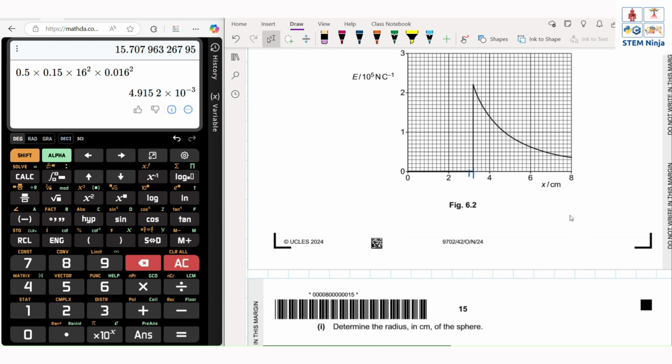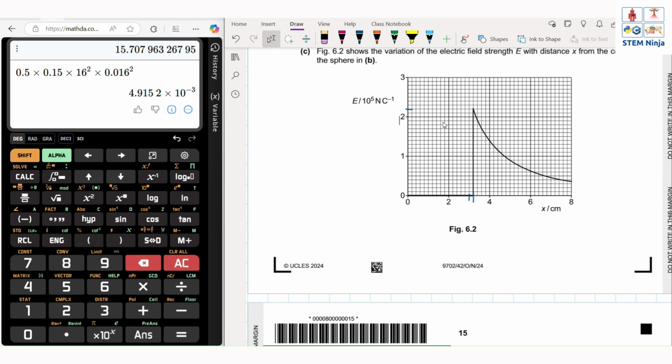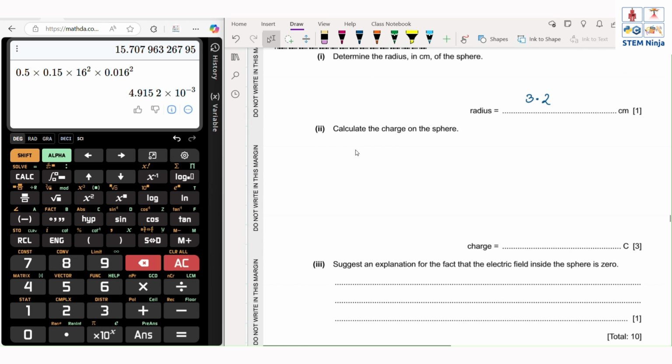Calculate the charge on the sphere. Charge on the sphere can be found from this. So that is 2.2 times 10 raised to power 5. Okay. So electric field strength can be found from KQ over R squared.